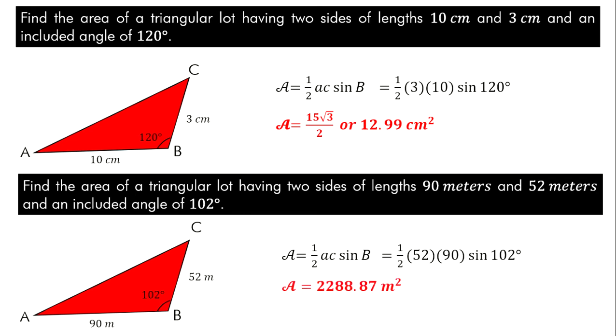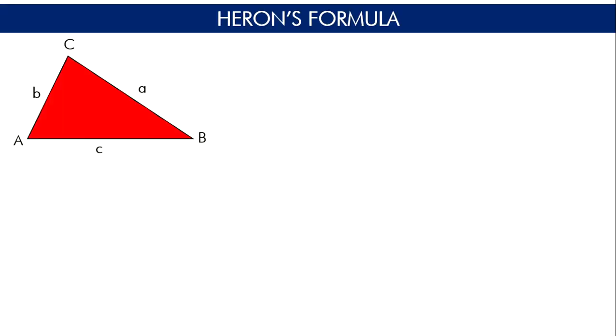If we solve that in the calculator, you'll obtain 2,288.87 square meters. You are familiar with this from your geometry class, but we're going to focus on Heron's formula.